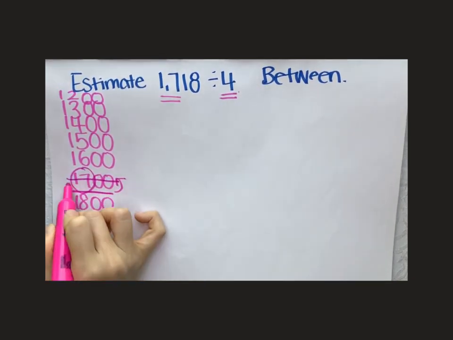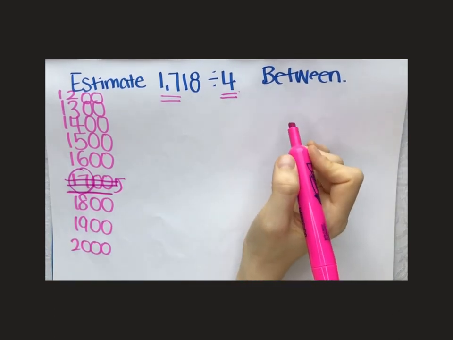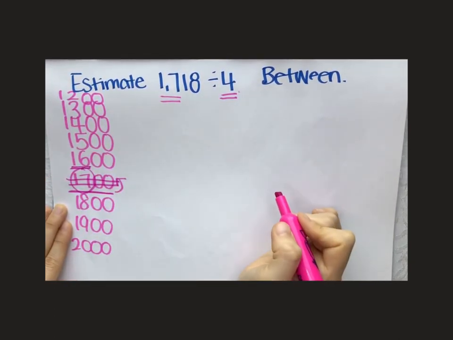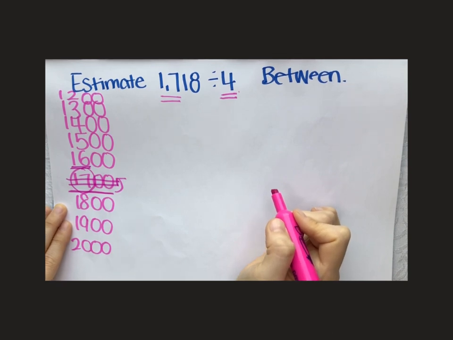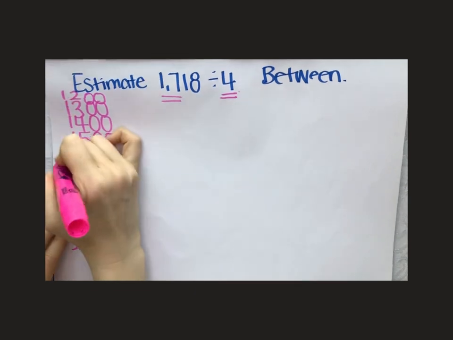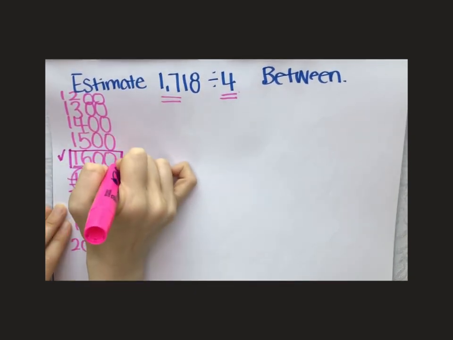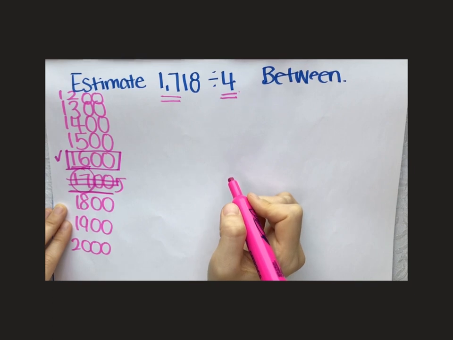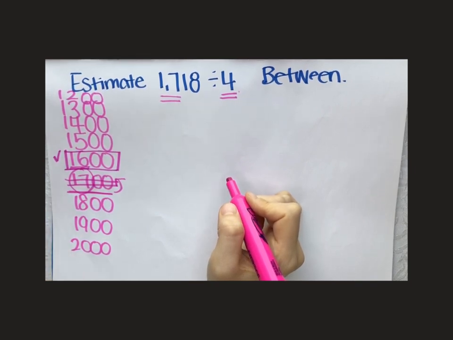The answer is no. So I will cross that one out. Then I will go to the previous one, which is 1,600, underlining 16. Is 16 a multiple of 4? Yes, it is. So I can put that in a box. Now I have a compatible number that I can use for my low number.